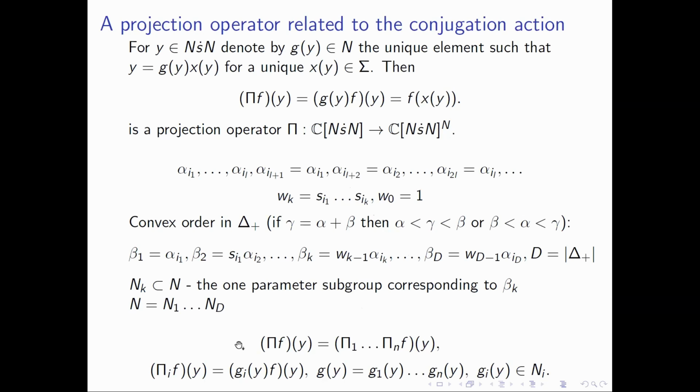So then I can factorize my element g of y, which appears here in the definition of the projection operator, as a product of elements corresponding to one parameter subgroups corresponding to roots beta 1, beta 2, and so on. So this gives me a factorization of the projection operator. So the projection operator now will be represented as a composition of some operators, each of which is given by conjugation by an element of one of the one parameter subgroups.